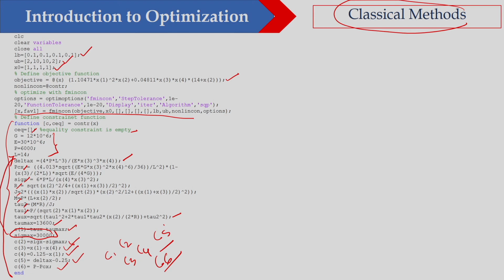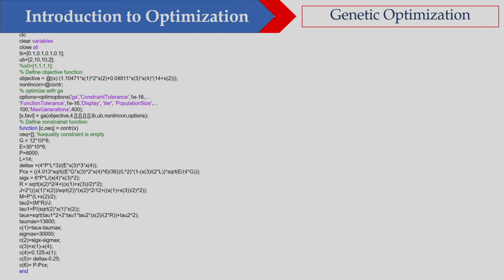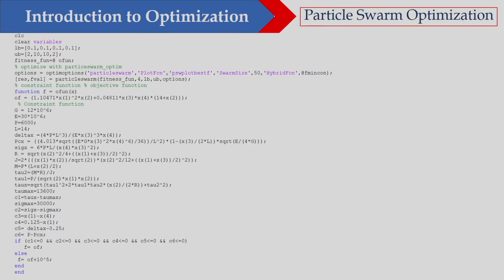So, this is using fmincon, and then I have solved this particular problem using ZA. This is the ZA function, and then this is solved using PSO, particle swarm optimization.